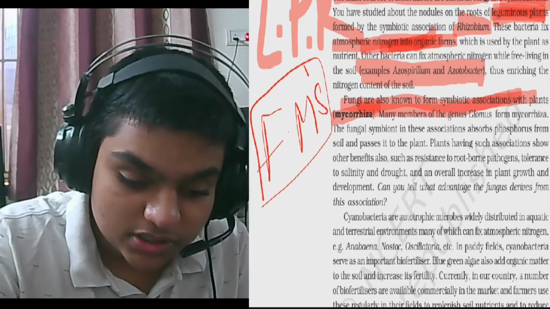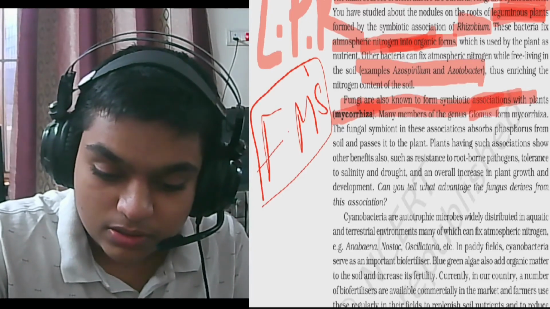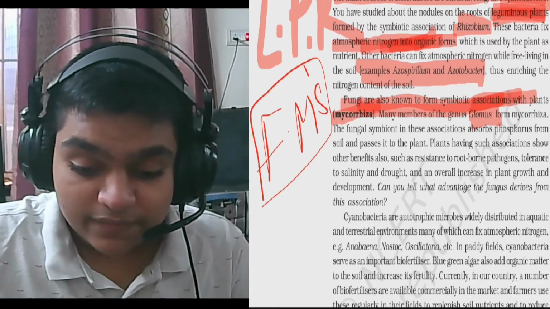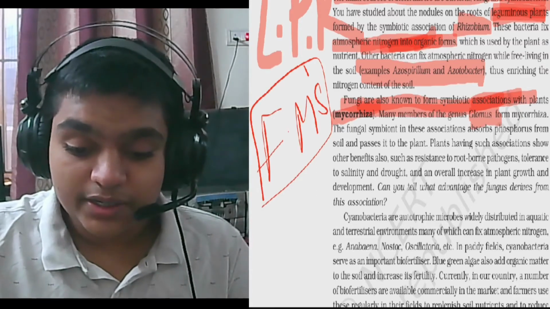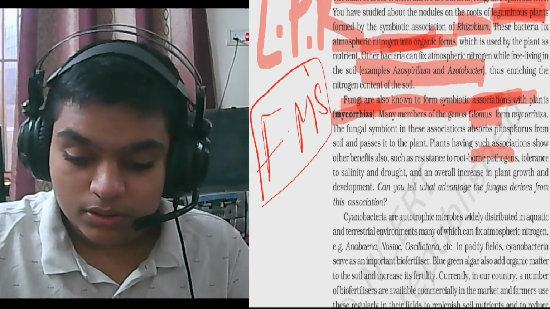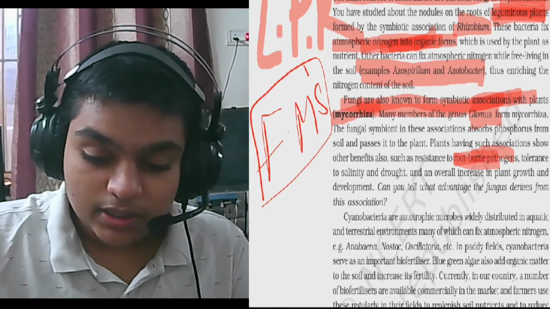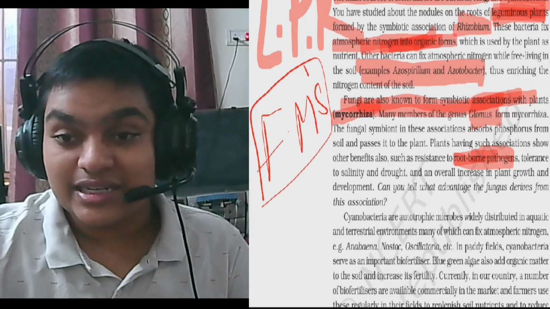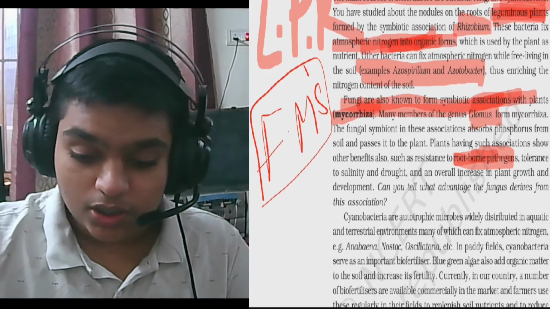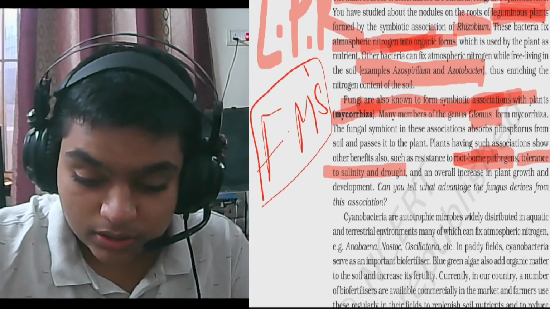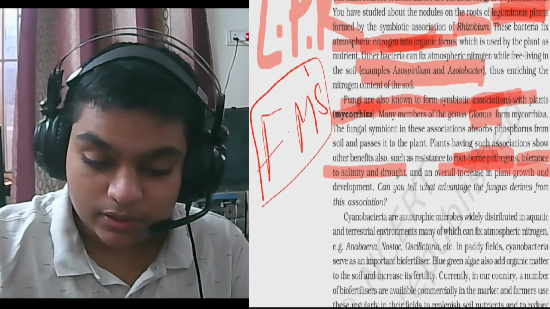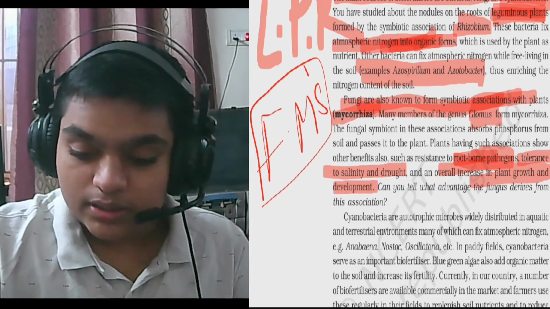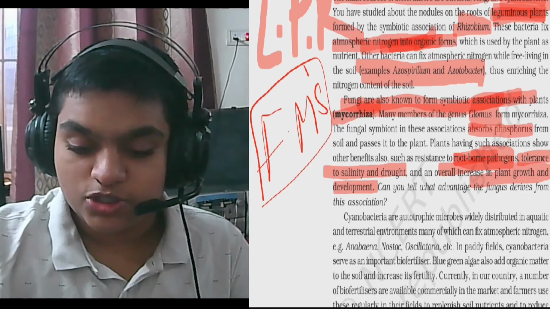This genus is called glomus, and they help in preventing root-borne diseases. They provide the plants resistance to root-borne pathogens, tolerance to salinity and drought, and overall increase plant growth and development. They also increase the phosphorus absorption rate of the plant.